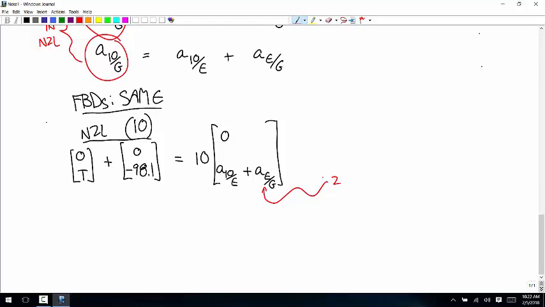This is just positive 2. So our first useful equation says t minus 10 times a10 relative to the elevator is equal to 118.1, right? With me on that?